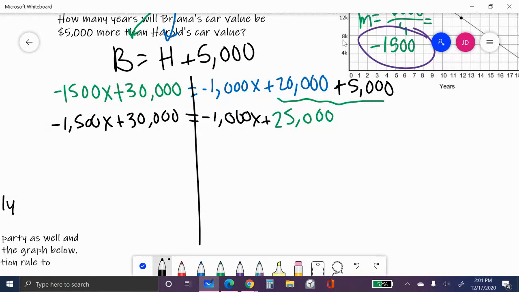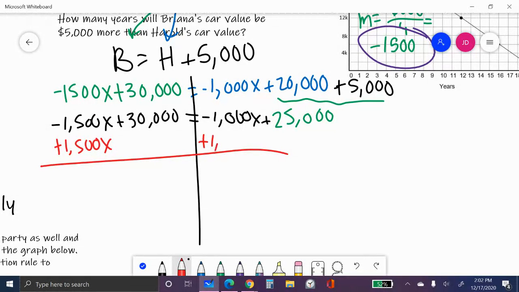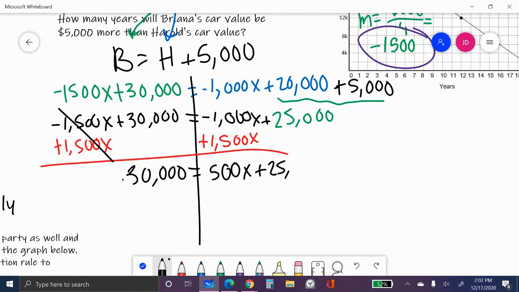I want to bring this one over here, so I'm going to add 1,500x to both sides. That'll cancel these out, and then I'll be left with a two-step equation. So negative 1,000 plus 1,500 is 500x plus 25,000.